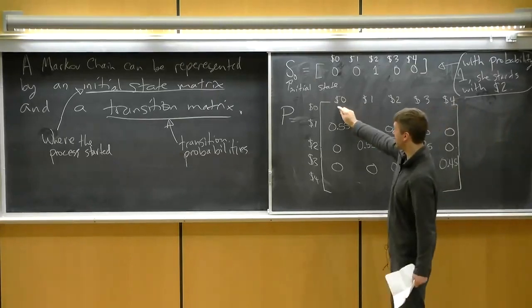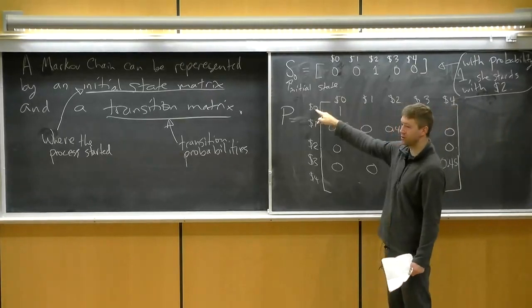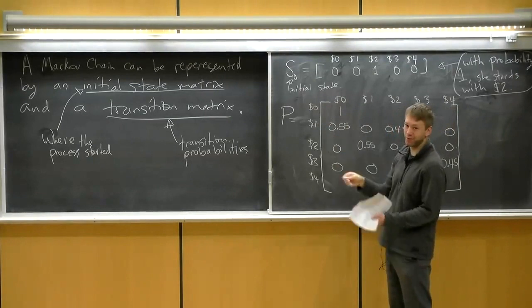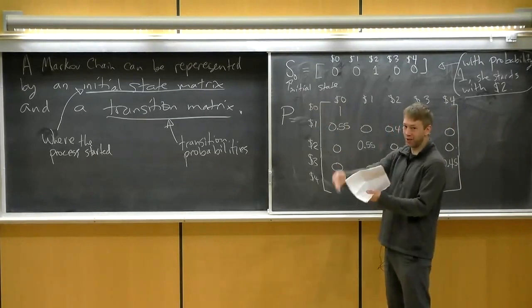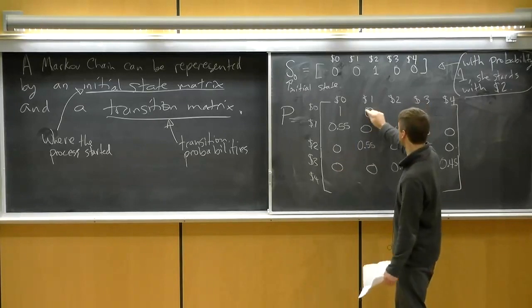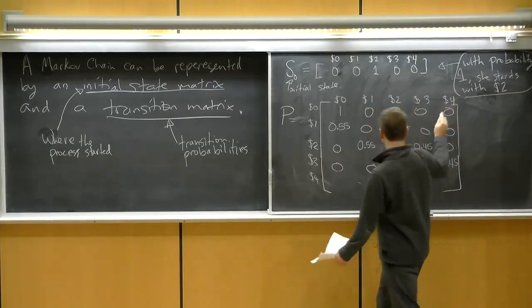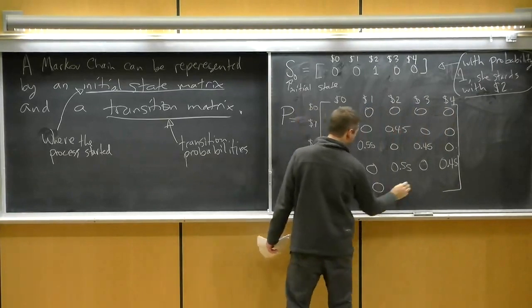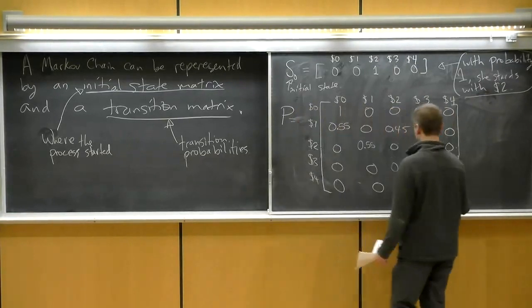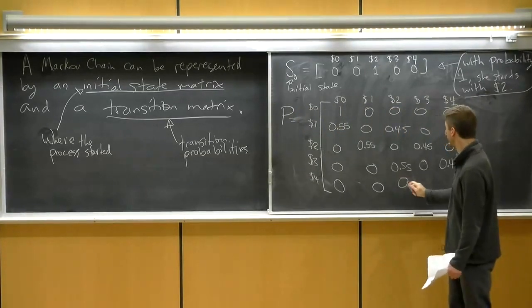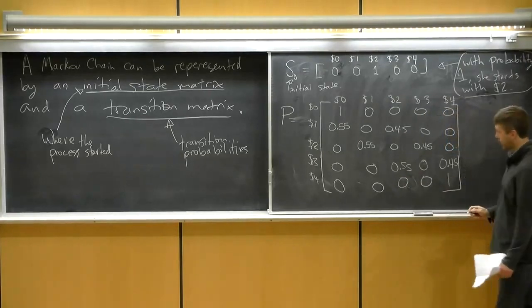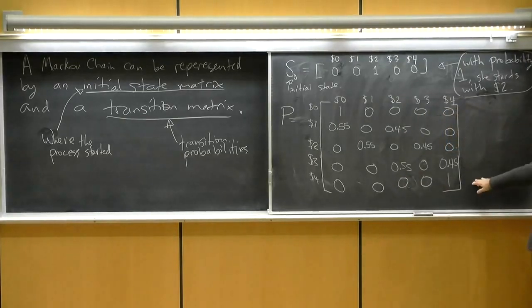So I want to say the probability of going from 0 to 0 is 1, because once she has 0, she only transitions back to 0 forever. Nothing else happens. Then similarly for $4, she'll have $4 forever.